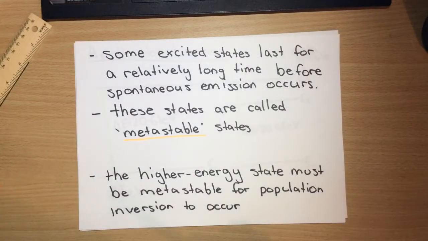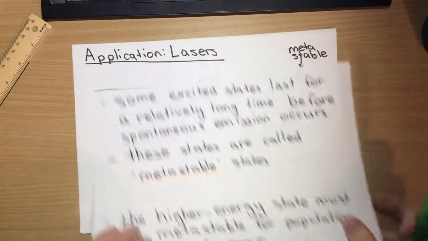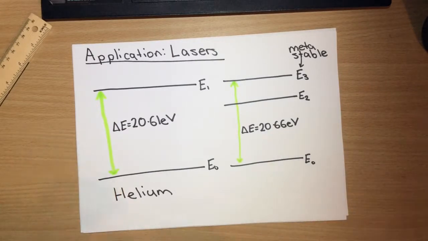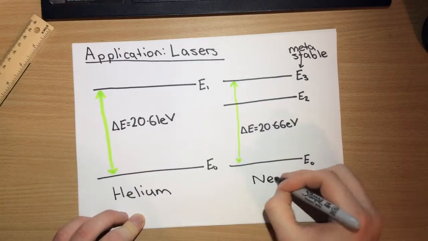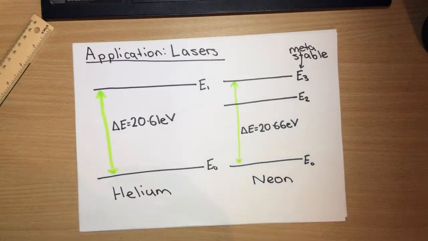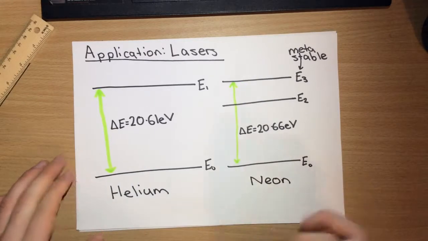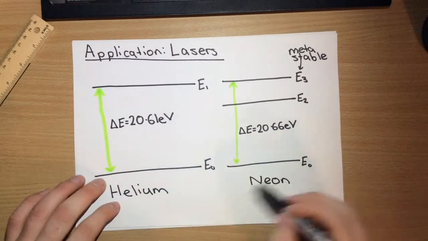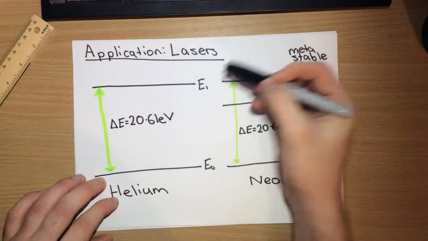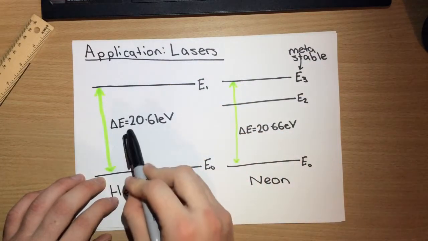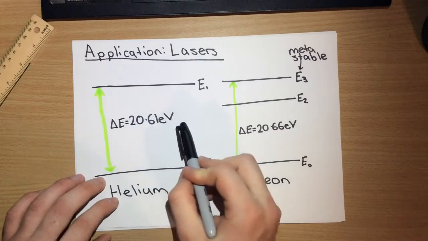So what we're going to do now is have a look at the application for this topic, and the application is lasers. We're going to look particularly at what we call a helium neon laser. First we're going to have a look at the properties of helium and neon. Helium, between its ground level and its first energy level, has a gap of about 20.61 electron volts.